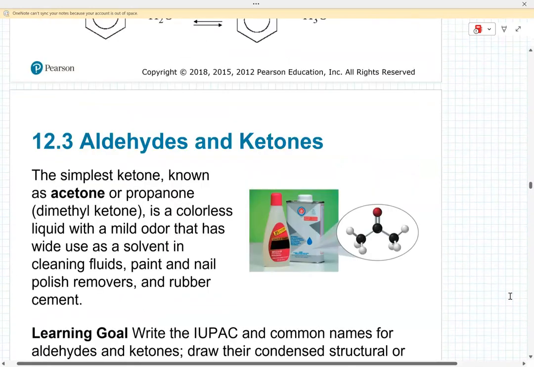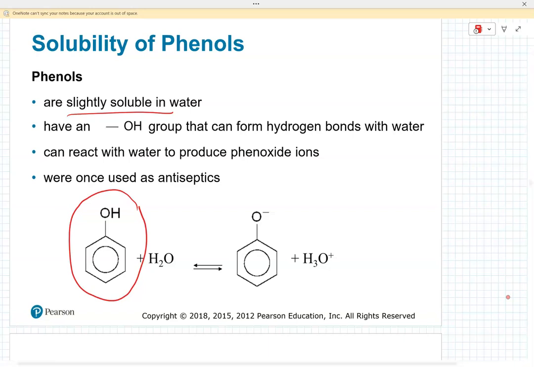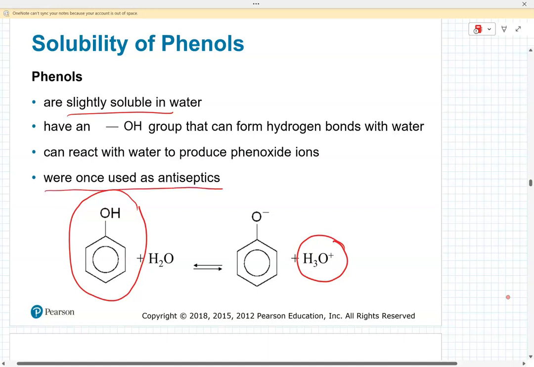Okay? Let's see. Okay, we're going to talk about phenols and we're going to stop at that. It's perfect. So, phenols, this is a typical phenol. Slightly soluble in water, okay? And they will react with the water making it slightly acidic, okay? They were used as antiseptics.